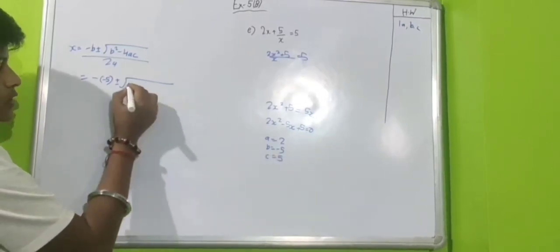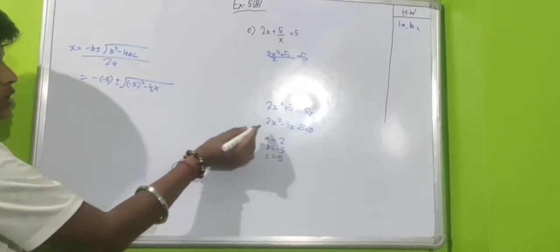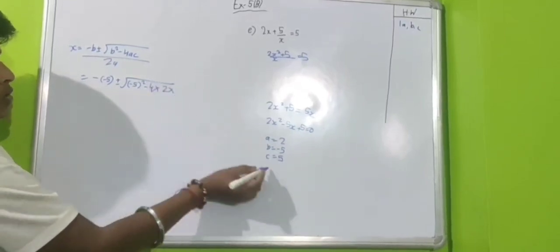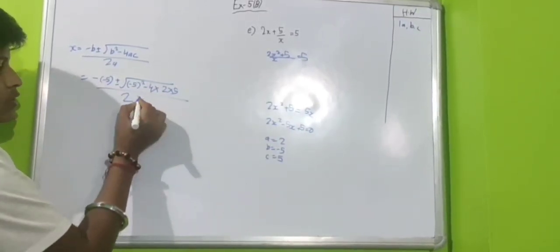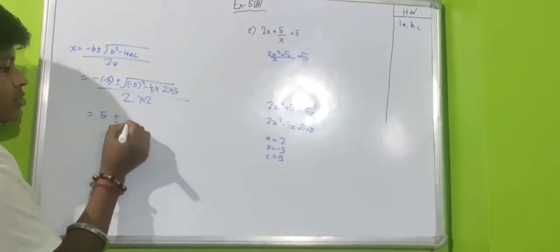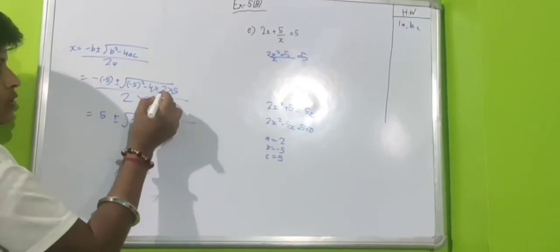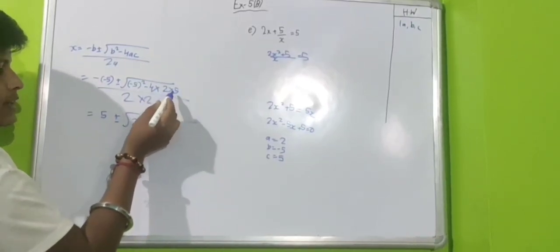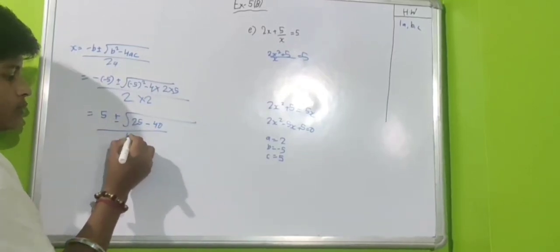With the values, minus b is minus 5, plus minus under root b square, the square of minus 5, minus 4 into a, which is 2, into c, which is 5, divided by 2 into a, that is 2. To solve, this will become 5 plus minus root of 25 minus 40, divided by 4.